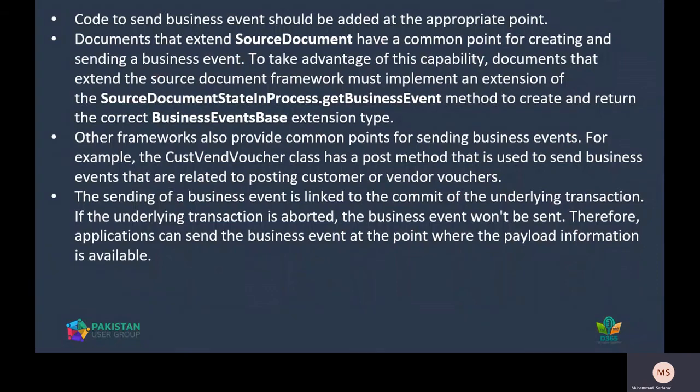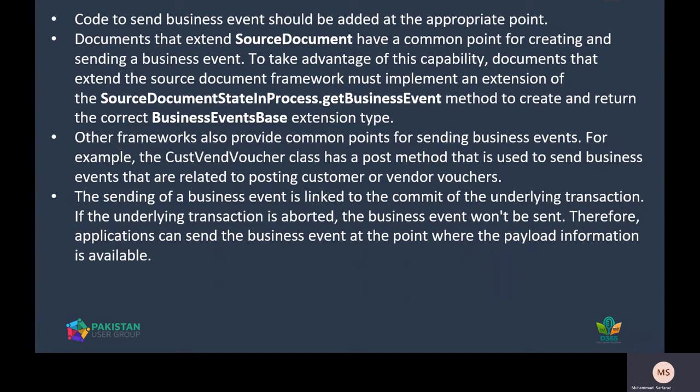So as I mentioned, the code to send a business event should be added at a very specific and appropriate point from where you can get full context of the payload and where you are sure that the process has ended. All those documents that extend source document have a common point for creating and sending business events.